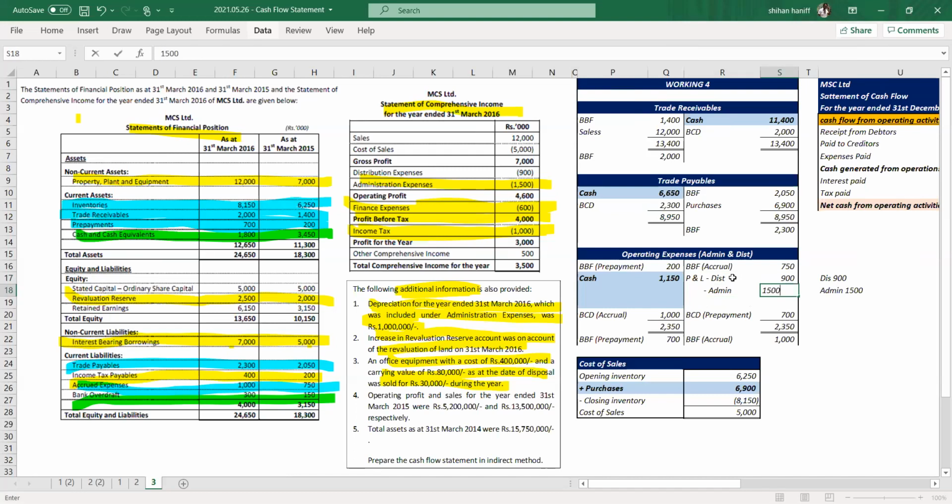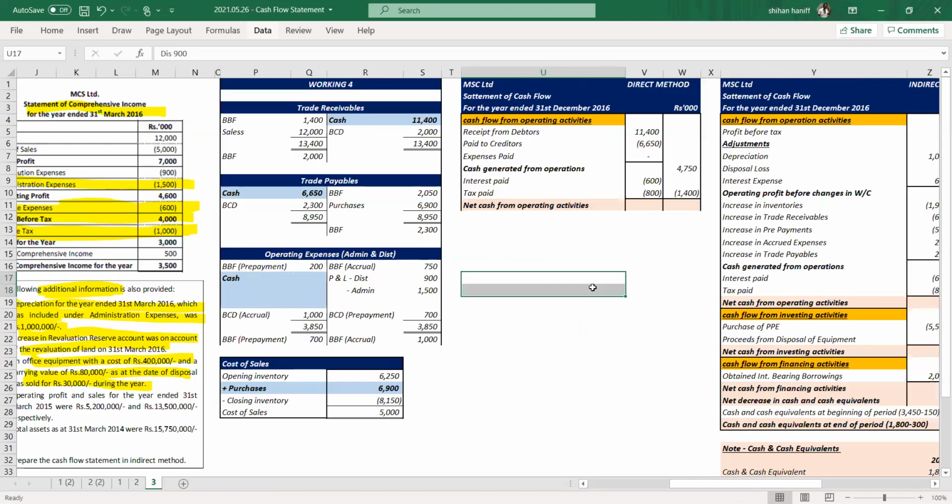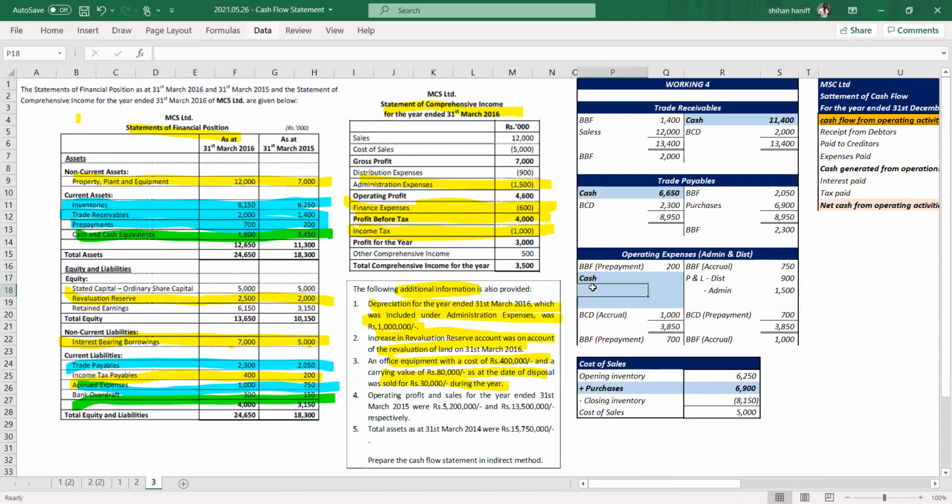Okay, and when you are calculating the cash in these two, distribution and administration expense, right? In this distribution and administration expense, there are non-cash amounts. So those non-cash amounts we have to remove from the account. One is depreciation. Depreciation is 1000. And there is another one.